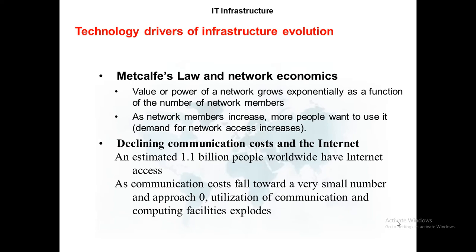Previously the cheapest would be 5,000, but now we have 2,250 UGX. So the costs are reducing, and as the costs are reducing, people are utilizing the communication facilities or the computing facilities more and more.